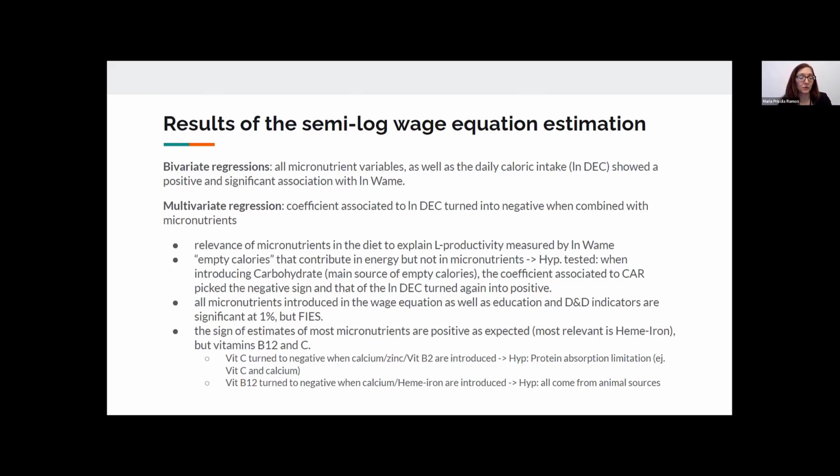All micronutrients introduced in the wage equations, as well as education and disability and disease indicators, are significant at 1%, but not the indicators of food insecurity.